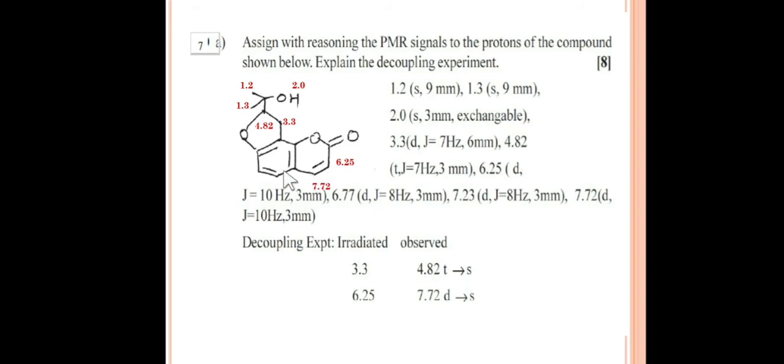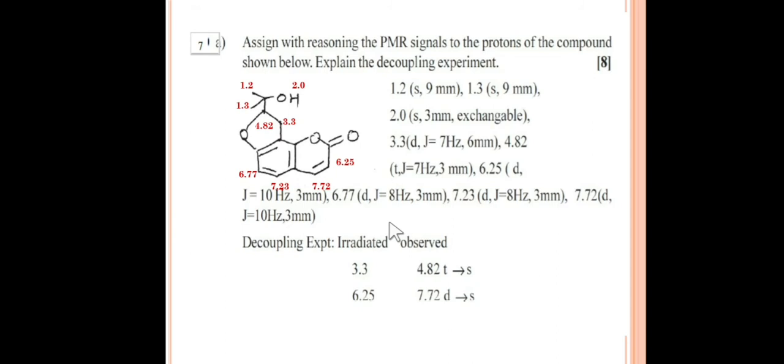So this will become downfield and come around 7.23, whereas the proton which is ortho to the oxygen will come around 6.77.